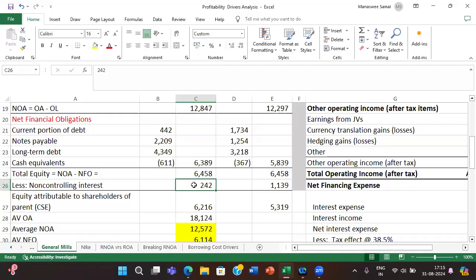This non-controlling interest is the portion of equity of the subsidiary entities which is in no way under the control of the parent. So technically, if all the subsidiaries are wholly owned subsidiaries, means the parent is holding 100% stake, this figure should be zero because the entire equity of the subsidiary is under your control. I think that is sufficient to explain this bifurcation.